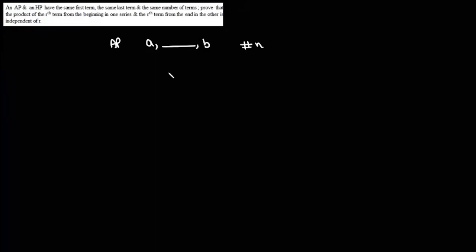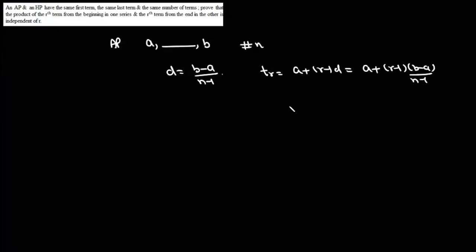Now we know that its common difference will be (b minus a) upon (n minus 1), and its rth term from the beginning will be a plus (r minus 1) into d, which is a plus (r minus 1)(b minus a) upon (n minus 1), or simply we can write a(n minus 1) plus (b minus a)(r minus 1) upon (n minus 1).